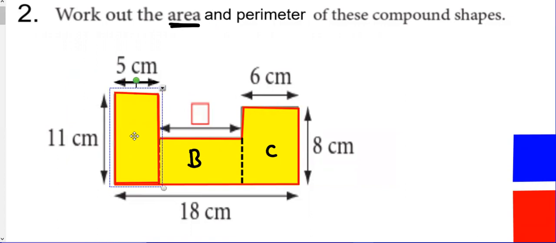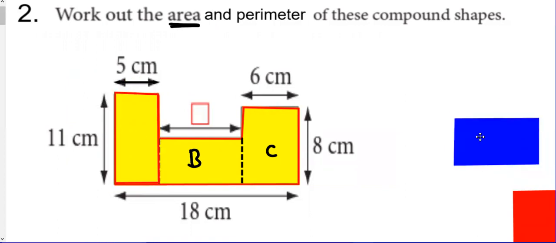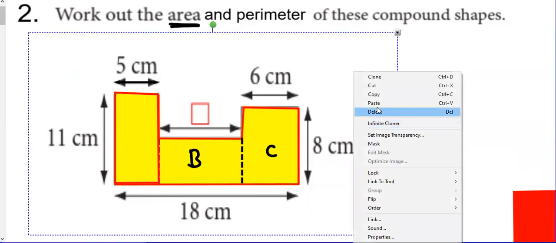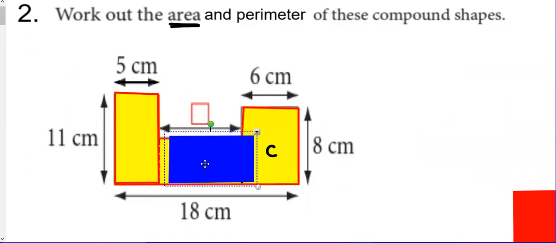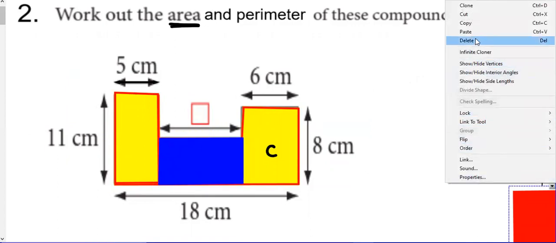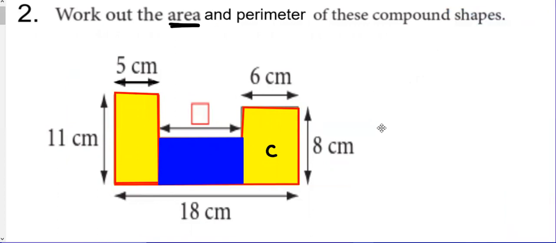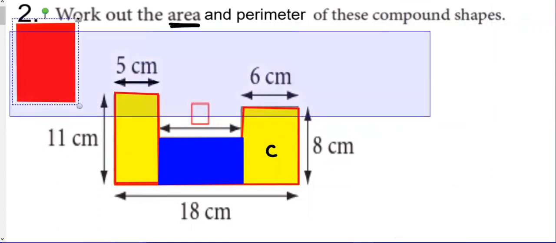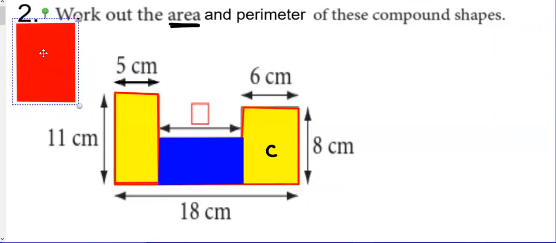The second shape is this shape here. That is another shape. And the other shape we'll be looking at is finally this shape here.